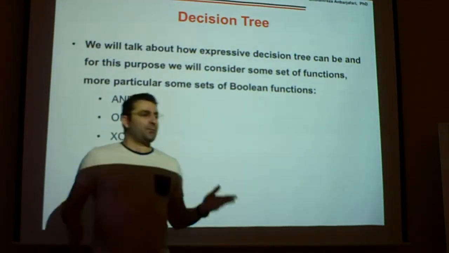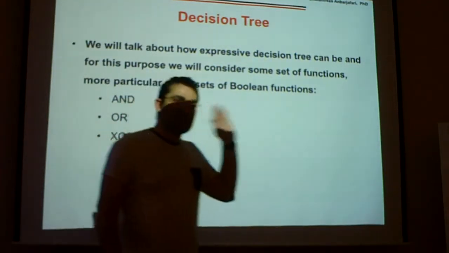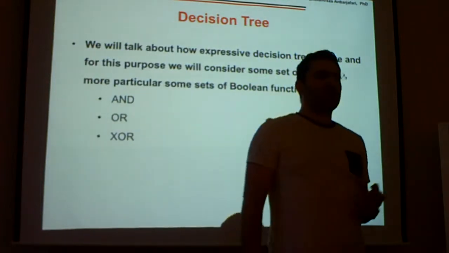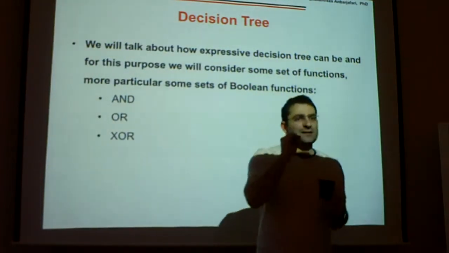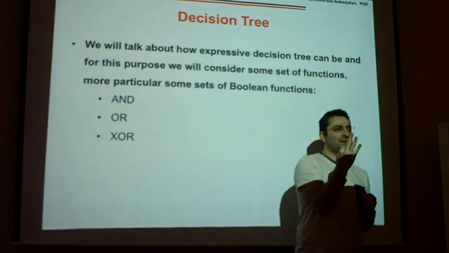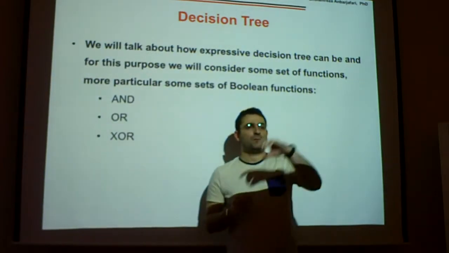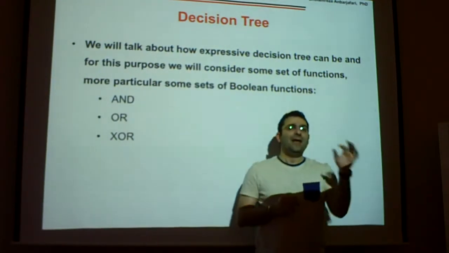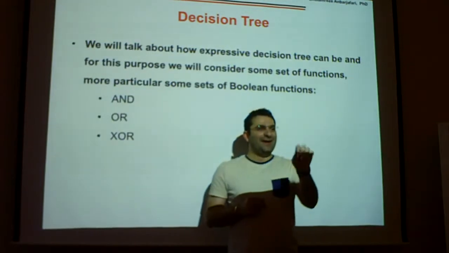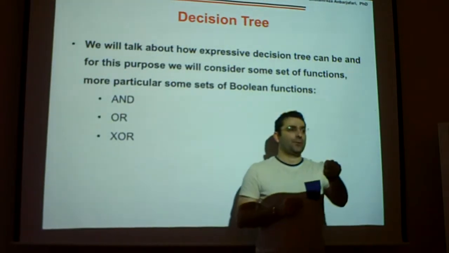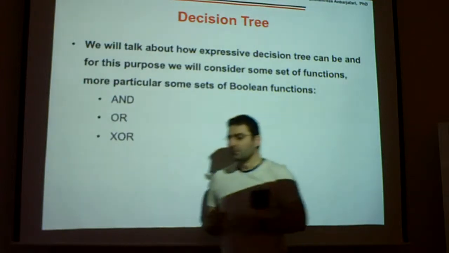Definitely there exist lots of other Boolean functions that we may even use to talk about the points that we want to gain. We start with the simple form, we go to the more complicated form, and what we gain at the end of the lecture is a very important conclusion for us, okay?